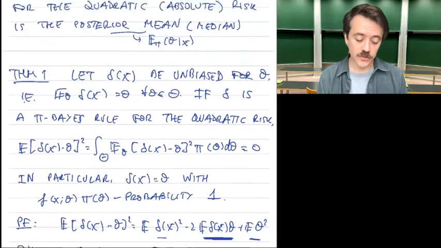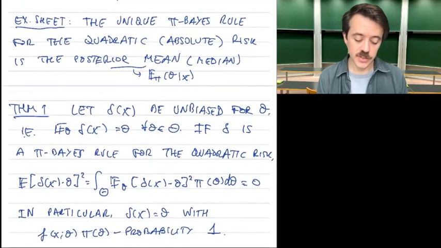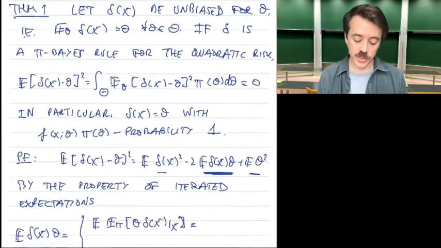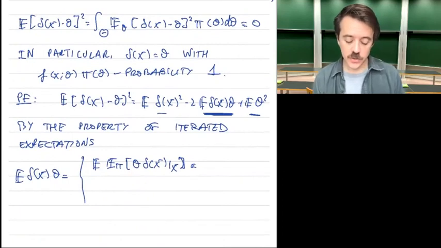Well, that's because of the example sheet result that we were talking about. I remind you that it says that the unique Bayes rule for this quadratic risk is this guy in here. And that's exactly the guy that we would get by taking the delta out.